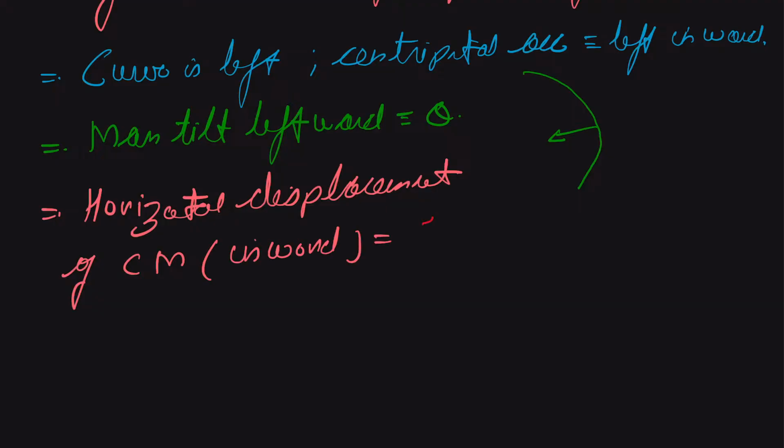Let us suppose that is our delta, and this delta will be equal to L sine of theta. Okay, we can just draw an approximate figure for that also. So initially this was our center of mass, that is our A, and its height is given as L. Okay.